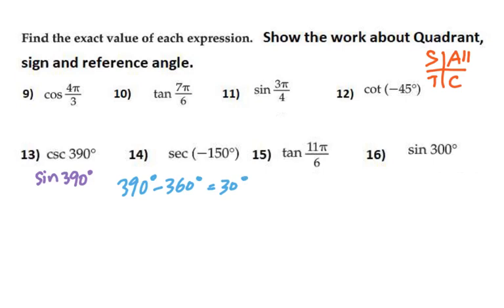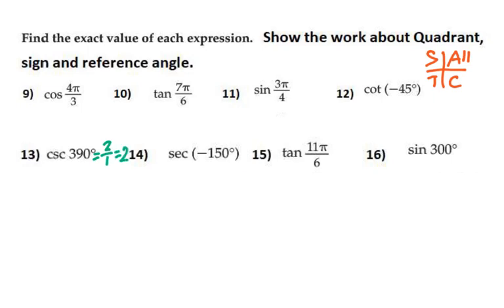You don't have to do the QRS because obviously it's a positive. Therefore, you got positive sine 30 degree. Means 1 over 2. Therefore, for cosecant 390 means 2 over 1 equals 2.